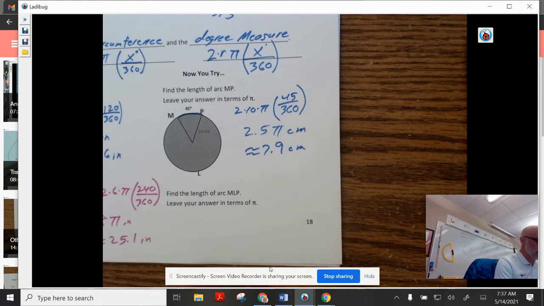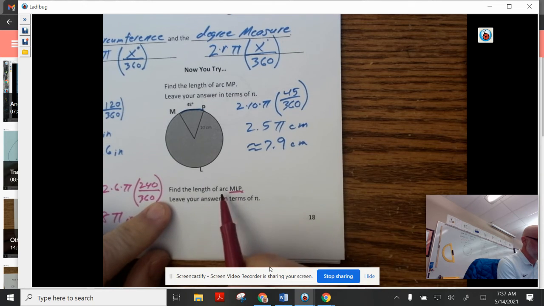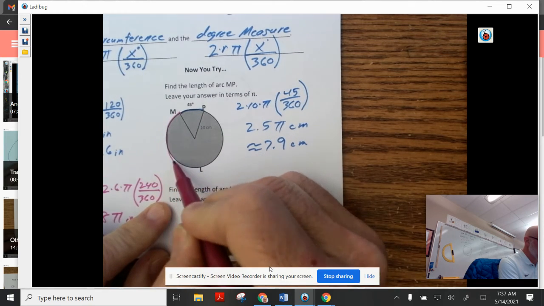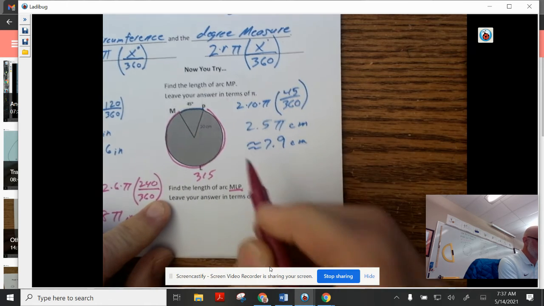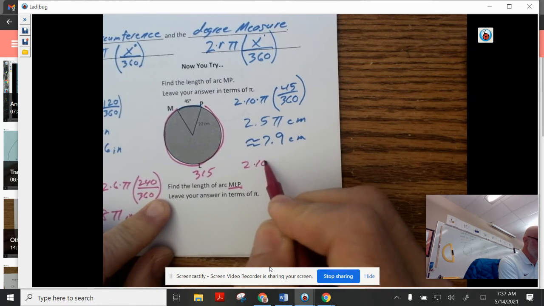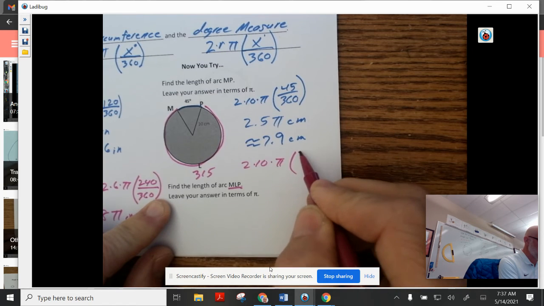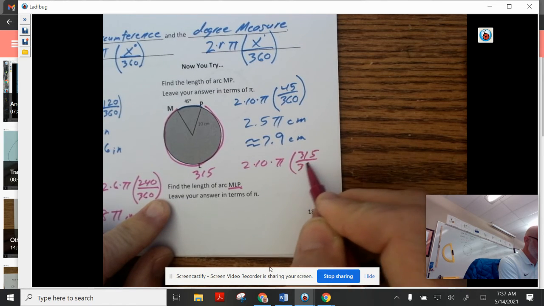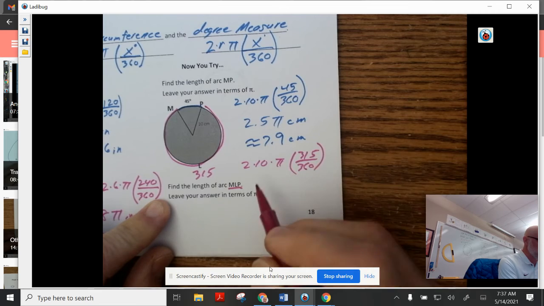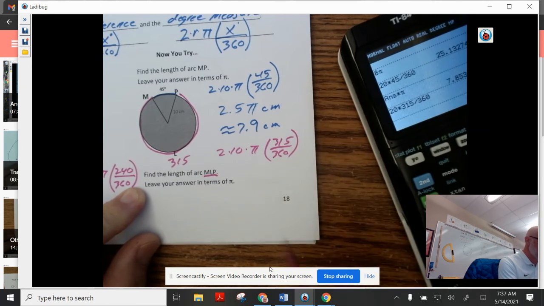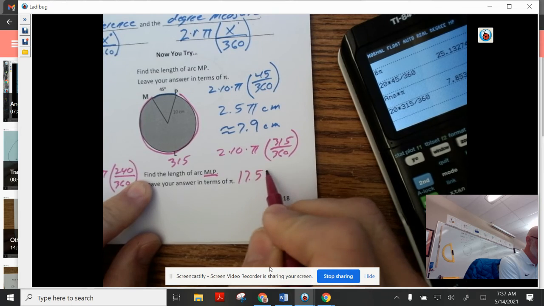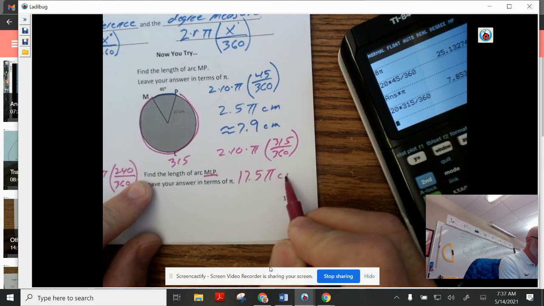All right, and we could find the major arc, MLP, which is the arc all the way around, which is what? That's 315. So 2 times 10 times pi times 315 out of 360. Again, that's just a percentage over there. And then the calculator will take care of the rest. 20 times 315 divided by 360 is 17.5 pi centimeters.